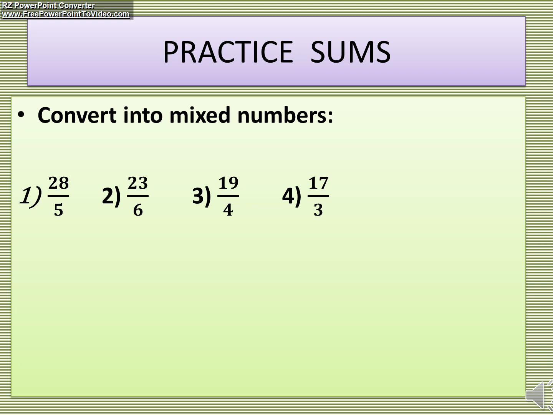Okay, students, you have got your answers. Yes or no, you have corrected your answers. Now I will be giving you 4 extra sums here. Convert into mixed numbers. 4 extra practice sums. 28 upon 5, 23 upon 6, 19 upon 4, and 17 upon 3.